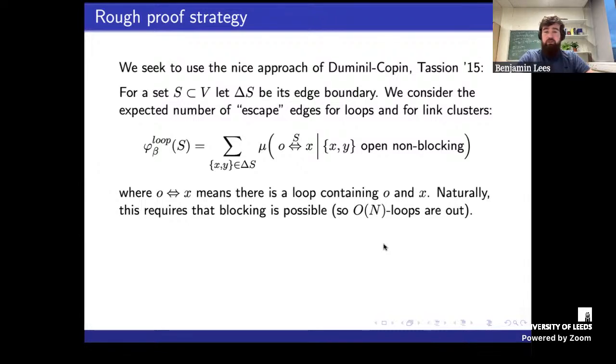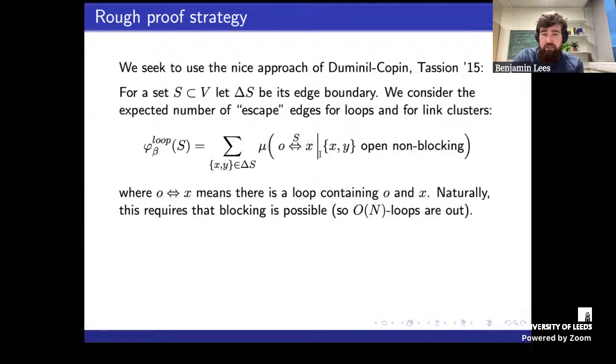So first for loops, we'll look at every edge leaving the set S, and we'll consider the probability under our measure mu, where I suppress the beta and n and so on, of the event that there is a loop living entirely inside S, i.e. not visiting any vertex not in S, at least on its way from 0 to x. After that, it might leave, but it has a branch strictly inside S that connects 0, the origin, and x.